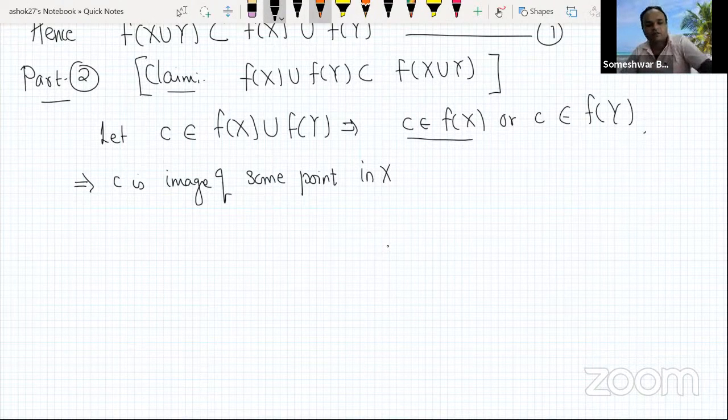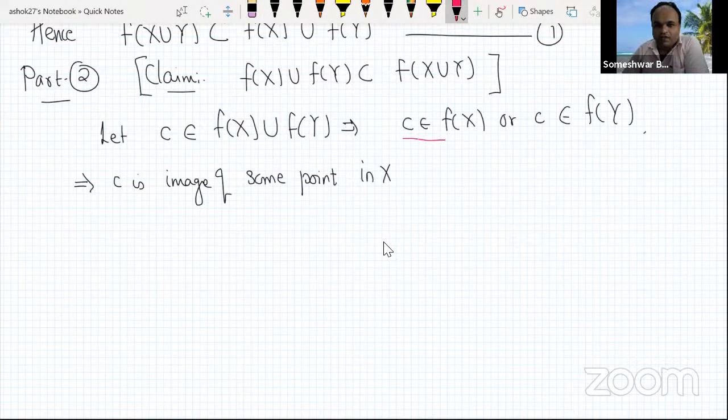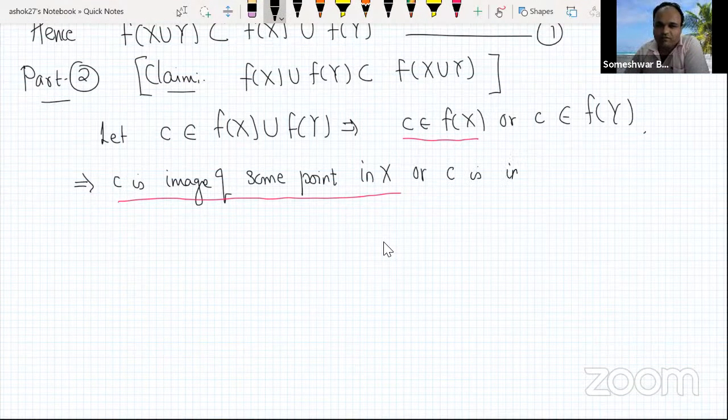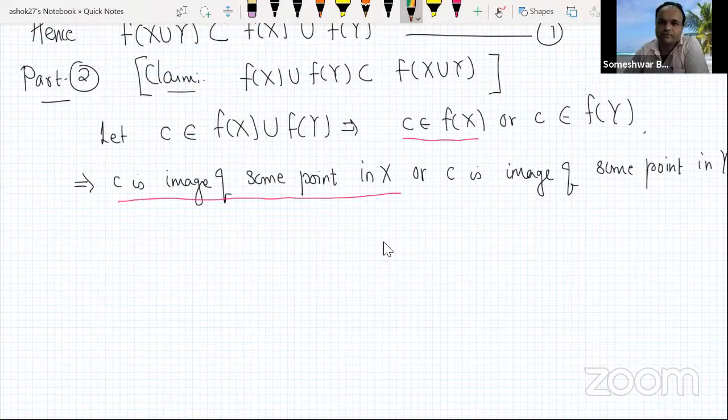And let us see the meaning of c belongs to f of y: c is an image of some point in y.